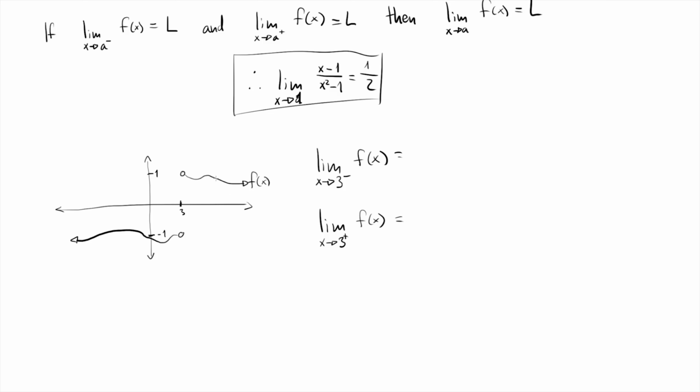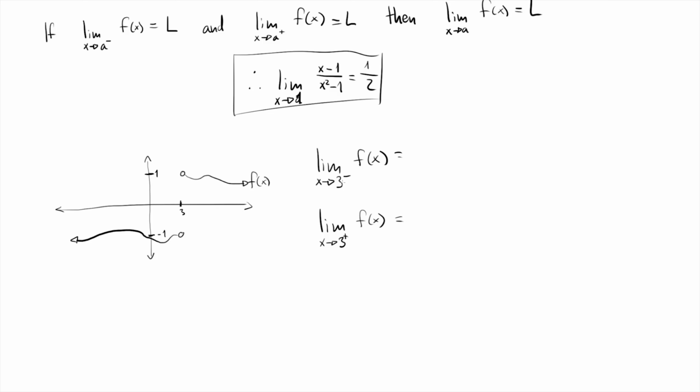And so what we can see here is as our x value gets closer and closer to 3, our y value gets closer and closer to 1 as we approach it from the right-hand side. As we approach it from the left-hand side, as we go closer and closer to 3, our function gets closer and closer to -1.